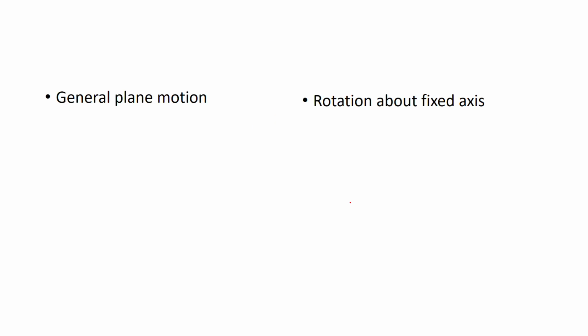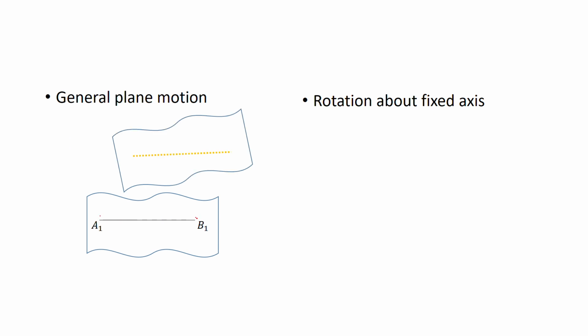Now moving to general plane motion. Suppose again we take the rigid body and we take 2 points A and B, and the body changes its position from position 1 to 2. Now notice that if the line which was originally shown by the black line, this A1 B1, remains as this dotted line shown here, then this is a translatory motion.